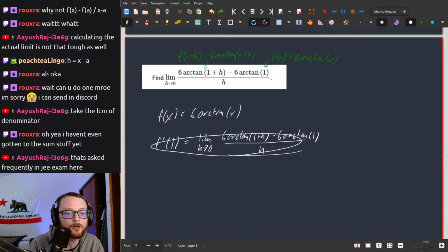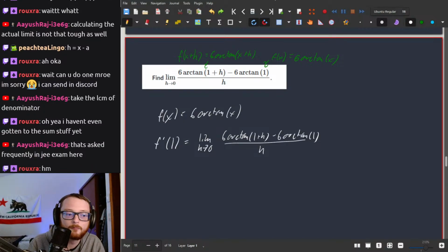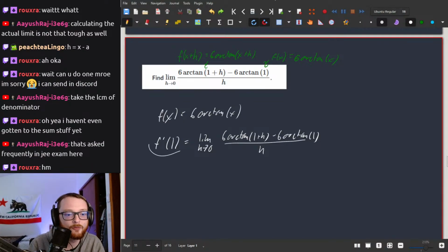So these two things are completely the same, and the left side is easier to work with. So we can choose to work with the left side instead.